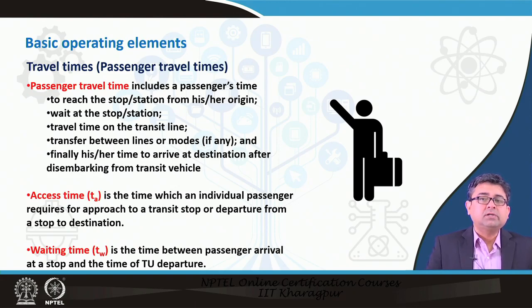Both of those are called access times, so you have to take both of those into consideration. All right. The next is what is called the waiting time. This is the time between passenger arrival at a stop and the time of the TU departing that stop.